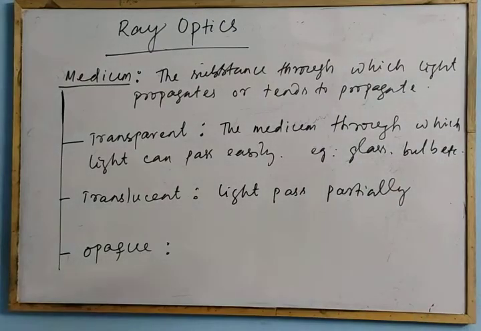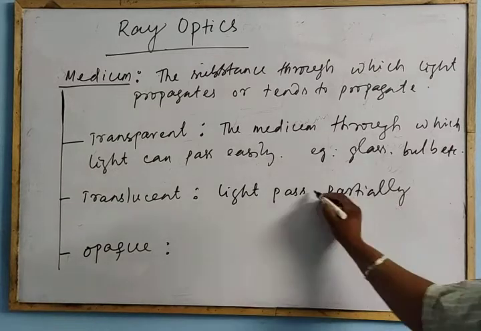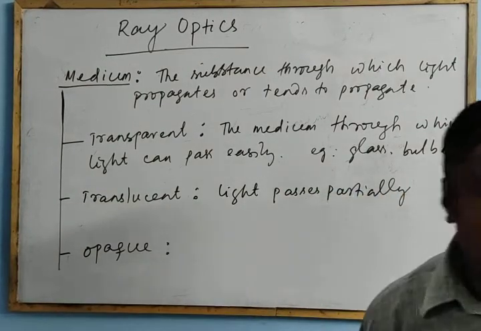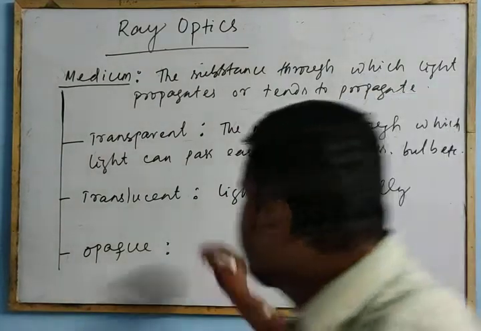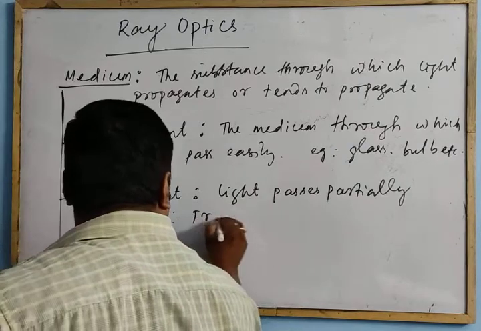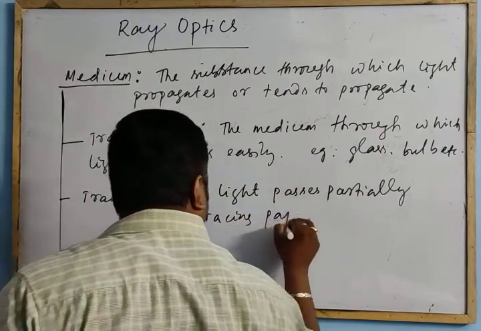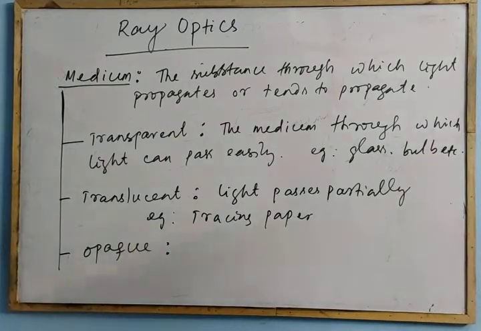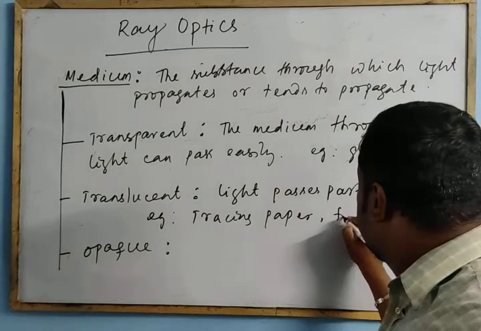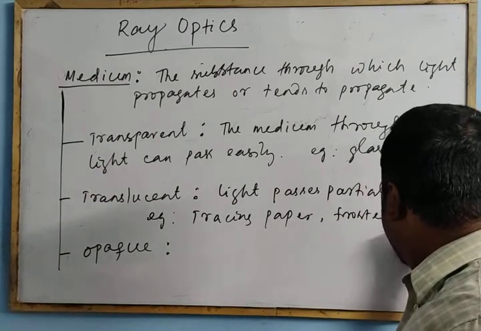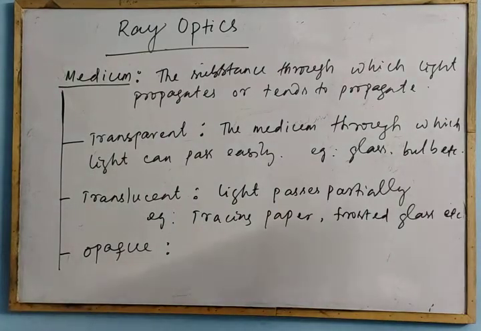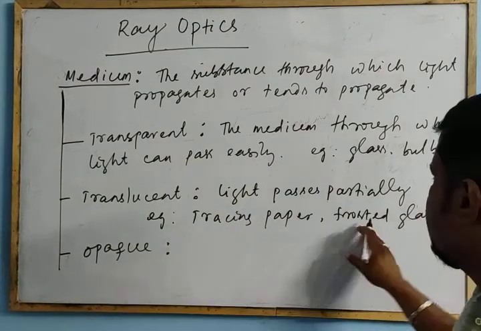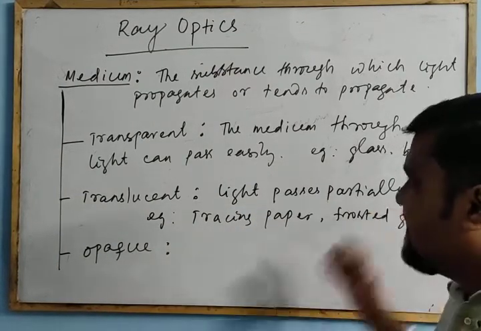That is called translucent. Examples are tracing paper, which you have seen and use, and frosted glass. Clear? Frosted glass and tracing paper are translucent.